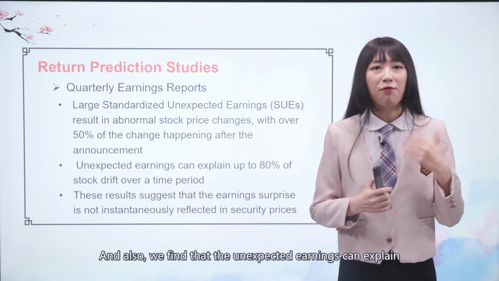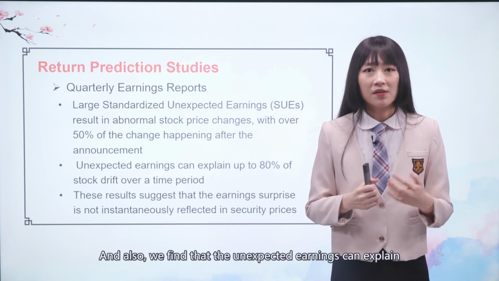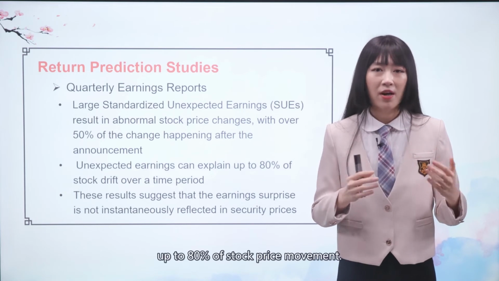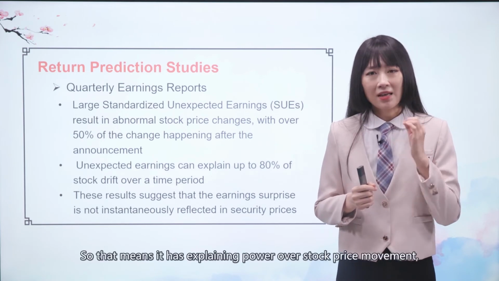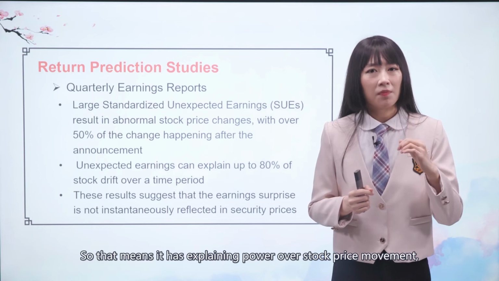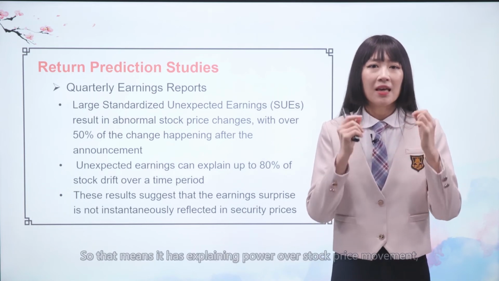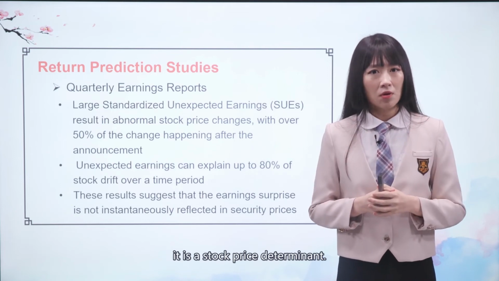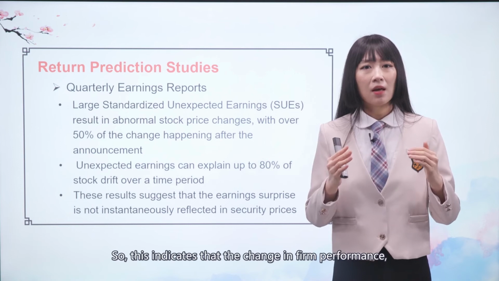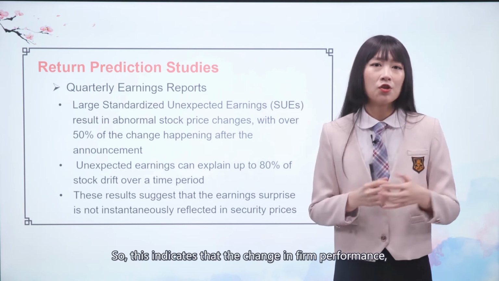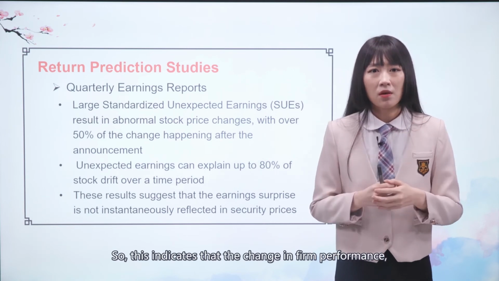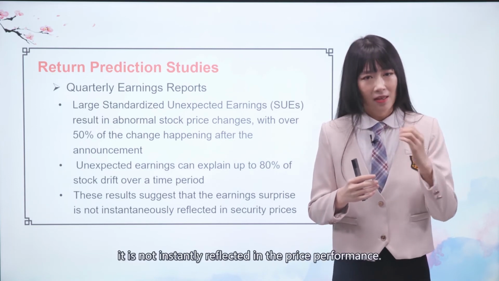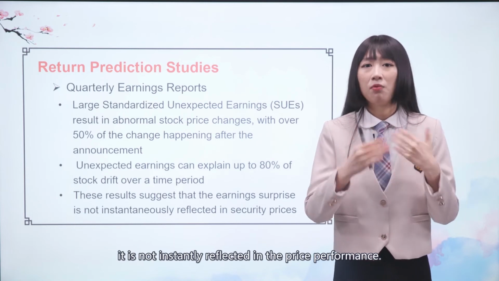We also find that unexpected earnings can explain up to 80% of the stock price movement. That means it has explanatory power over stock price movement. It is a stock price determinant. So this indicates that the change in firm performance, when the information is released, is not instantly reflected in the price performance.